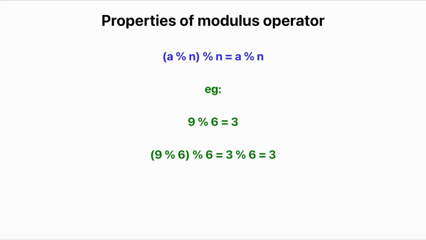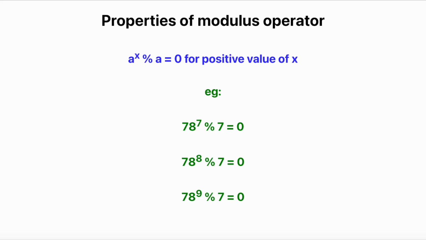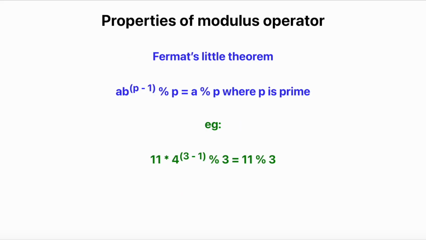Let's see some properties of the modulo operation. We can perform the modulo operation many number of times, that is (a mod n) mod n is equal to a mod n. a power x mod a is equal to 0 for all positive values of x. a into b power p minus 1 mod p is equal to a mod p, where p is a prime number. This is by Fermat's little theorem.